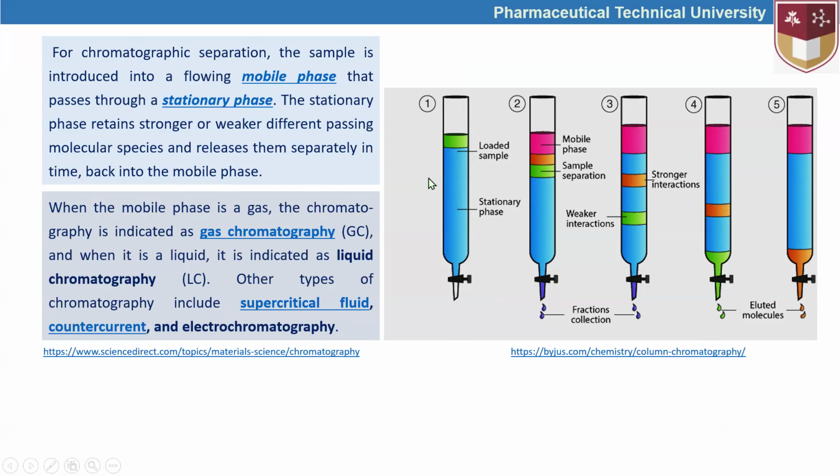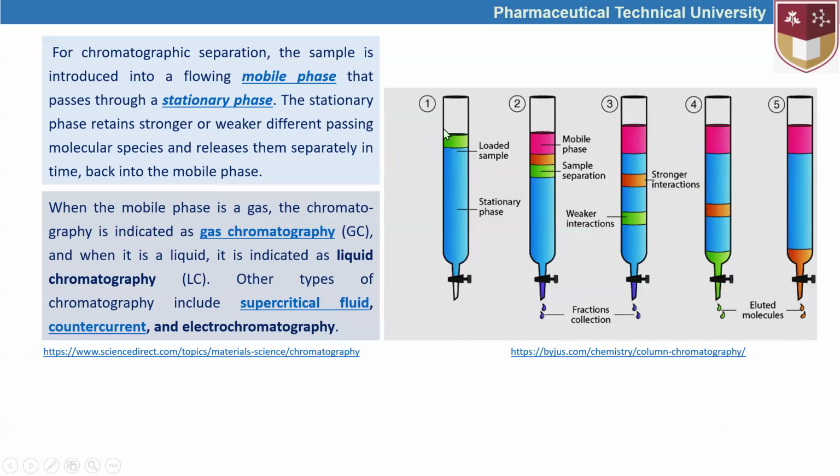Here in this figure, in an example of column chromatography, this is the stationary phase inside which the compounds are separated into different fractions, and the upper side is termed the mobile phase.